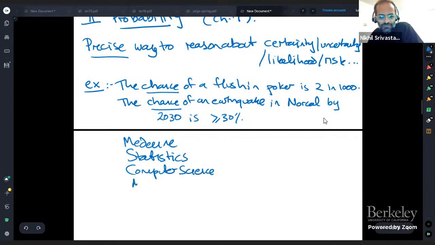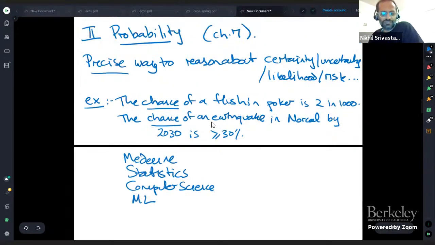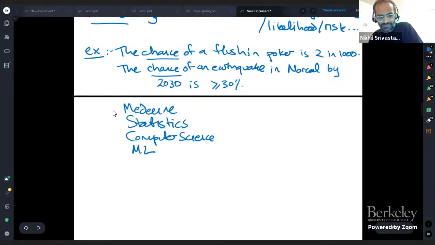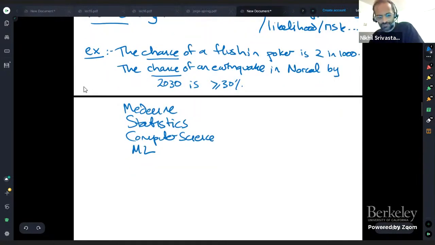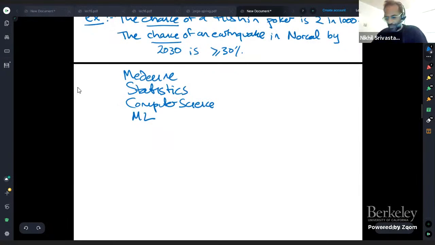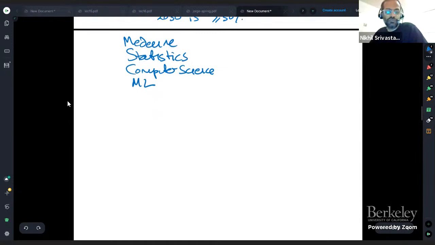And if you do any kind of machine learning, it's ultimately based on probability. So it's an extremely useful thing also in these various academic pursuits. And what we're going to do in this lecture is set up the framework. We're going to define what probability even means, because it's a very slippery concept, actually. So we're just going to set up some basic notation and do a few examples.